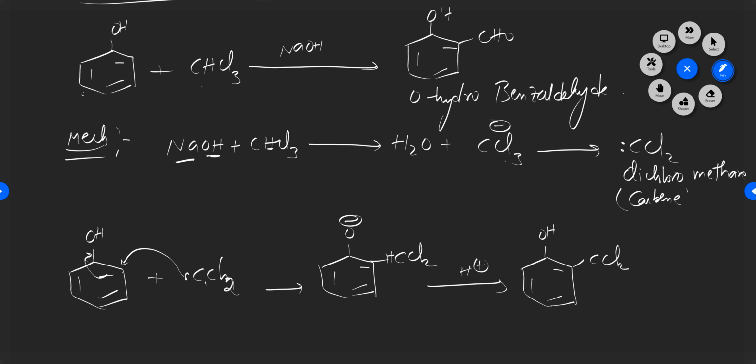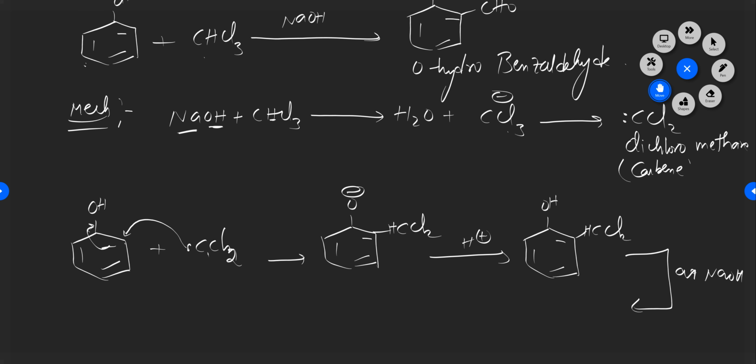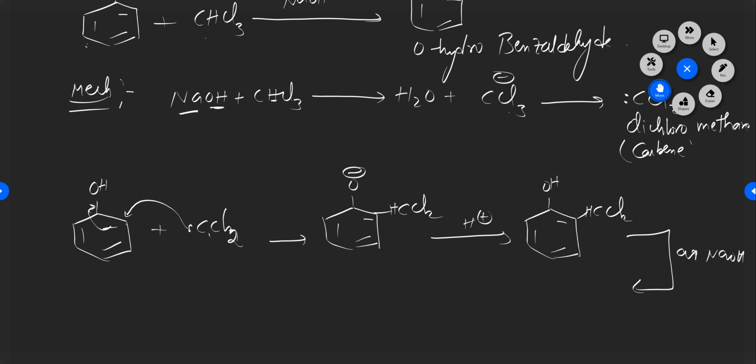After the formation of CHCl2, I am taking aqueous NaOH. Aqueous NaOH means what will happen? The base gives OH minus ions that will replace the two chlorines on the carbon. These two chlorines are going to be replaced by two OH groups. Here OH is there, and CH with OH, this also OH.